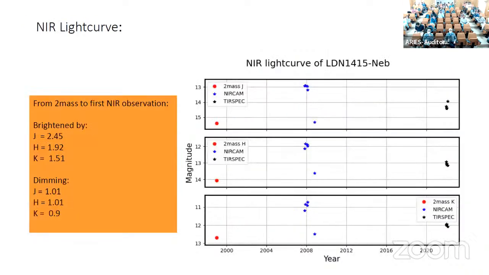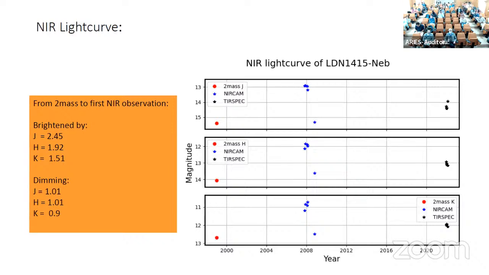If we go into NIR, again in NIR we have very few epochs of observation, only 9. The red dot shows the 2MASS location, and the blue stars show the NEWFIRM observation, and the black star shows the recent TANSPEC observation.